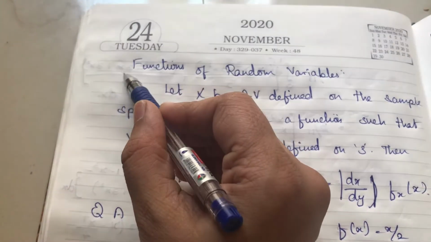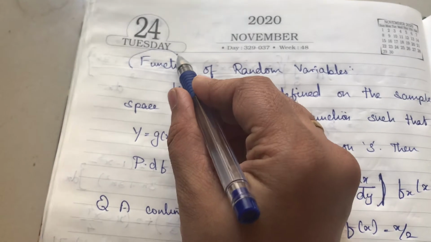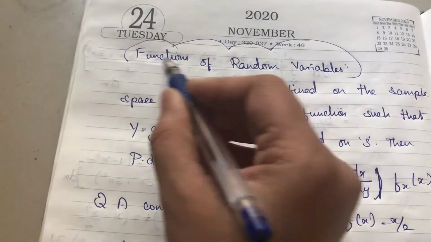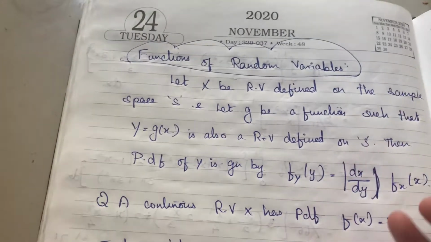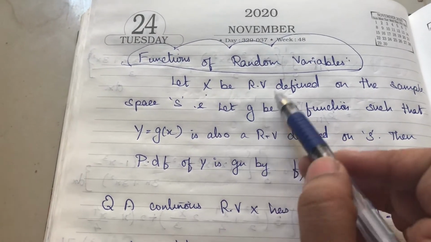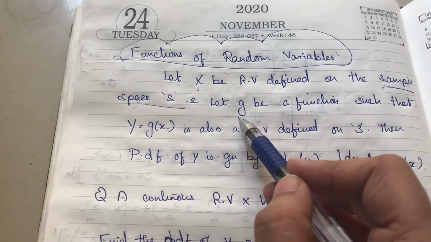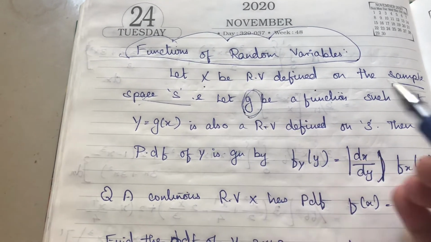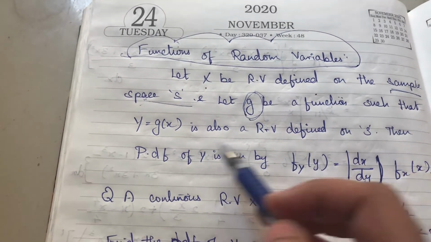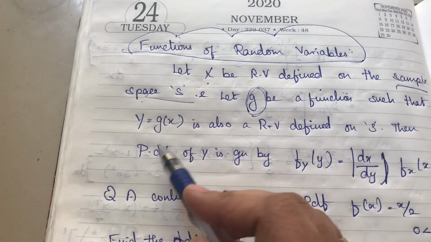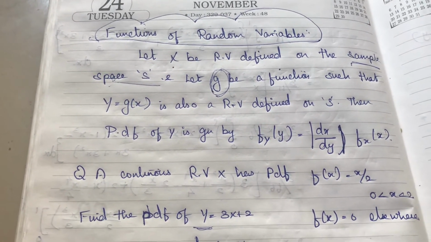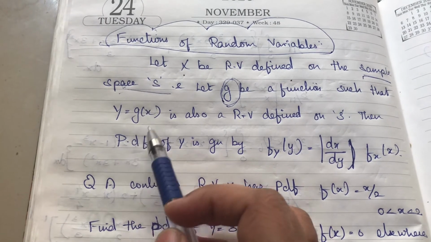Next come the functions of random variables. What are those functions? Let x be a random variable defined on the sample space S, and they are including a g function also. So g is also a function such that y equals g of x. I can easily say the y variable is some g of x.